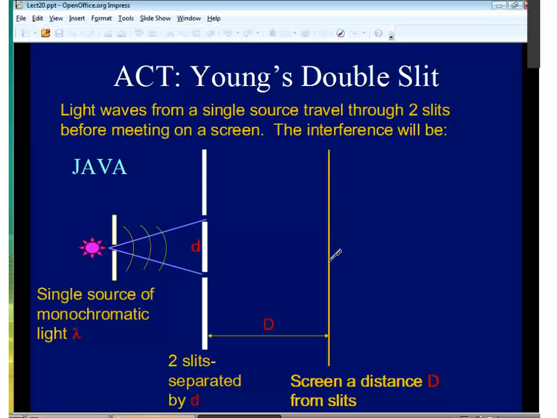Look at different points on the screen, and you realize that for different points, distances may be different. That's the key. In reality, D may not look so big. In fact, this D will be very, very small.